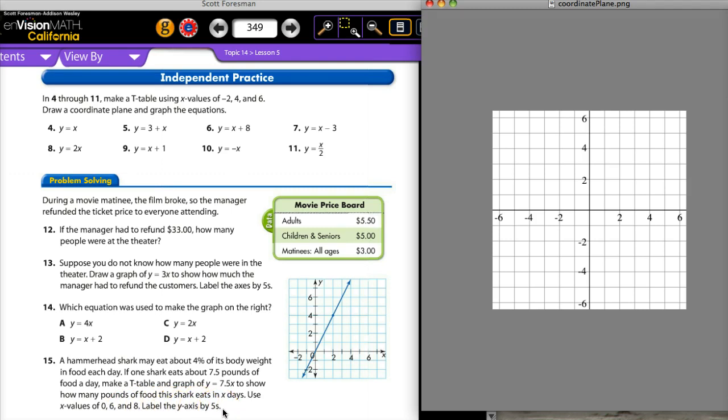So again, it's giving you very good details, okay? You're going to plug in these x values into this equation in order to get your y values. Then you'll have your ordered pairs. You'll label your graph by 5, similarly to what you did in the previous question. Plot your points and then graph the equation.